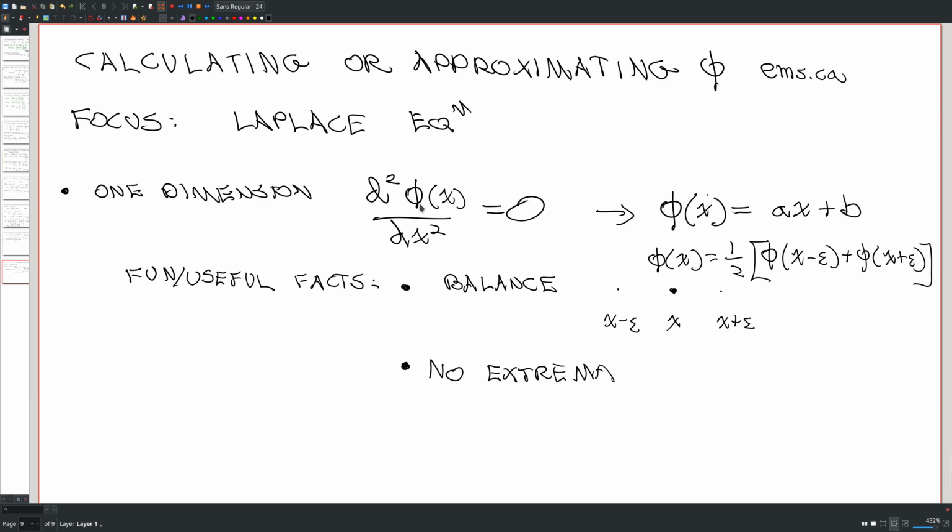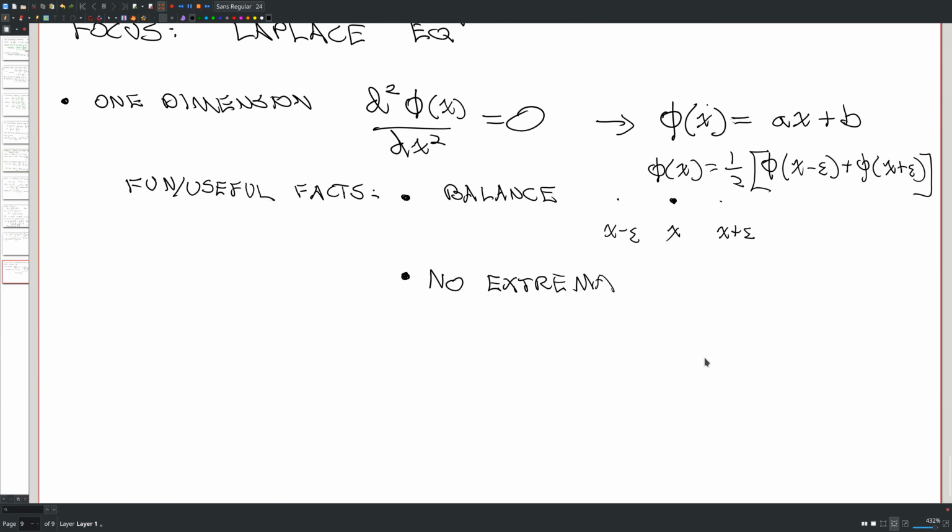Here, you're kind of screwed because it's zero everywhere. The function has absolutely no curvature, so there's no notion of a minimum point or anything. There are no extrema to the solution of the Laplace equation in 1D. Okay, so I hope this is quite clear.